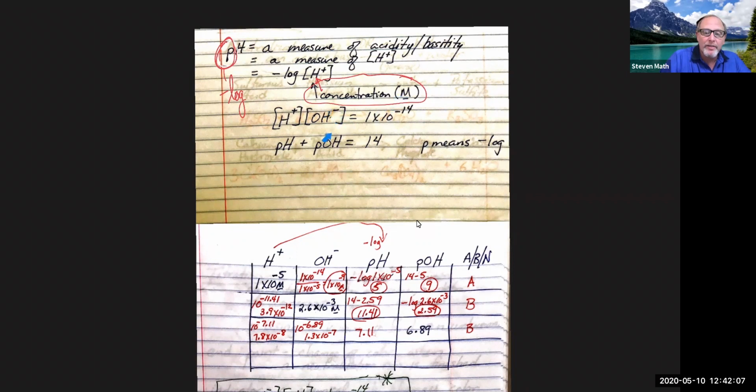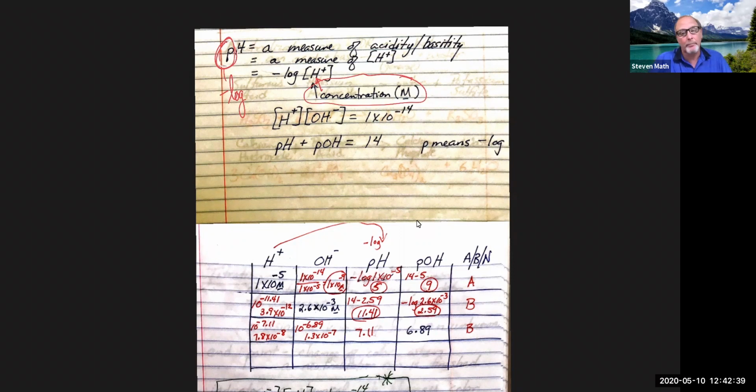Now we know these two constants for any solution. What we know is the concentration of H times the concentration of OH is going to equal 1 times 10 to the negative 14th. That pretty much for us is going to be an always scenario. It will change ever so slightly with varying temperature, but for our calculations, to keep things simple, we're just always going to say H times OH equals 1 times 10 to the negative 14th.